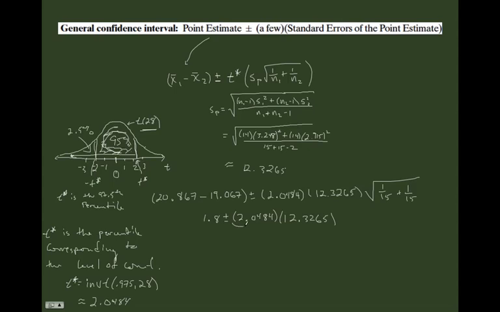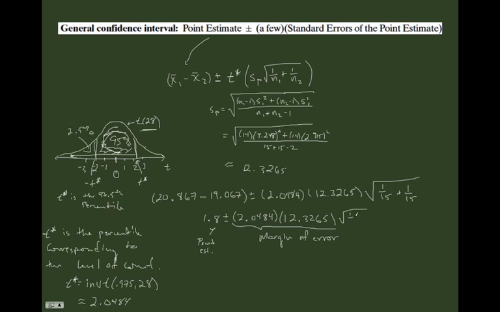By the way, this quantity right here is what we call the margin of error. And this is the point estimate for the difference. Oops, I forgot this part though.